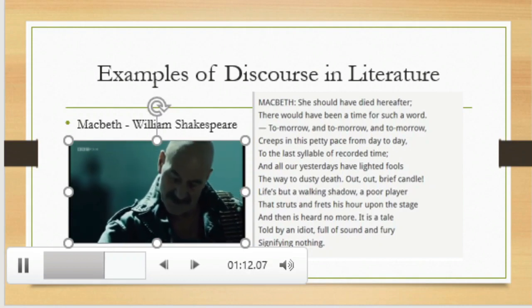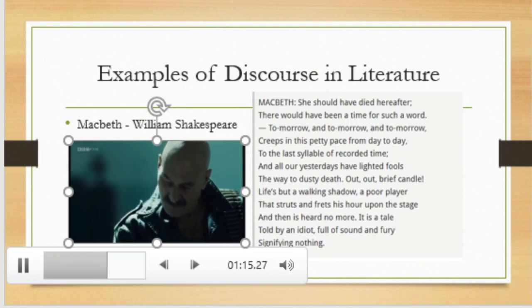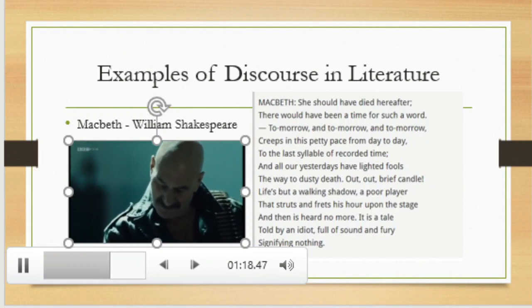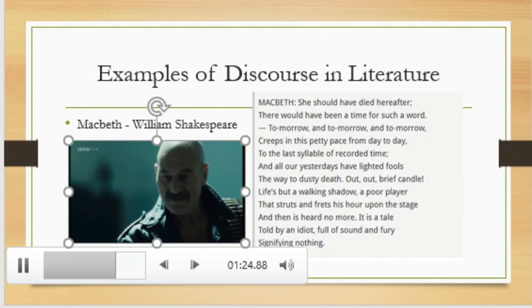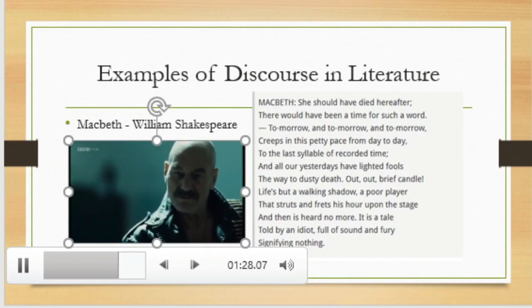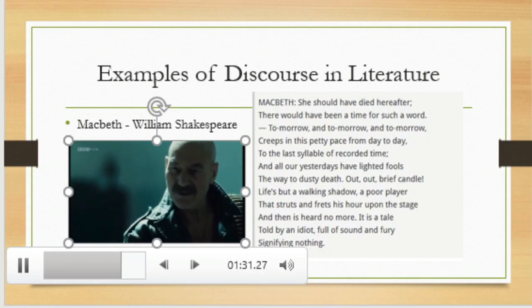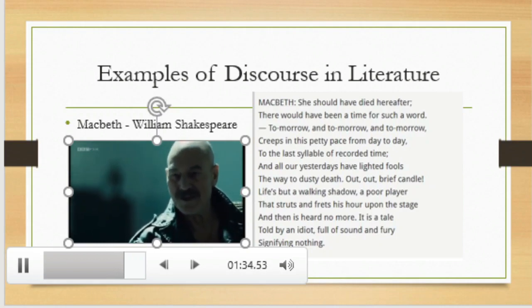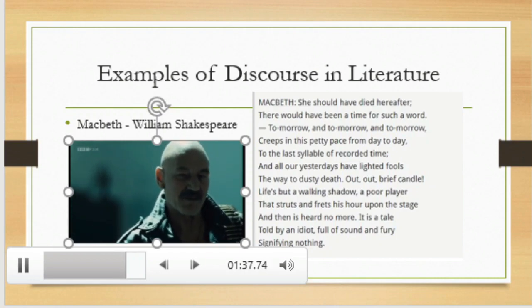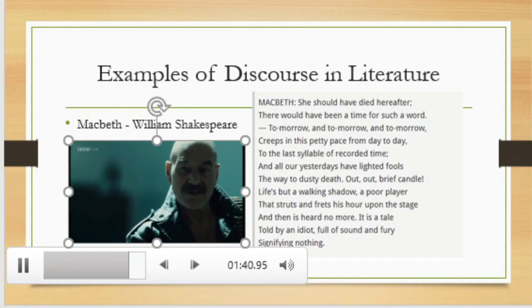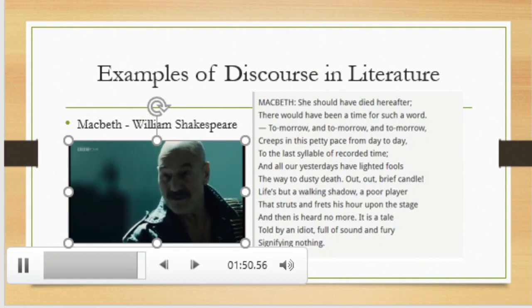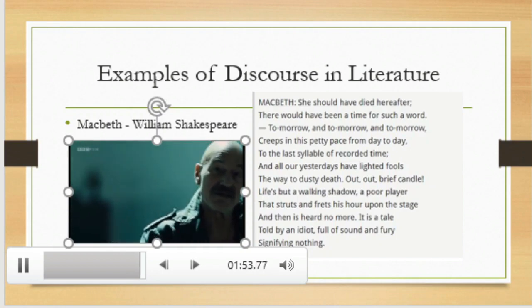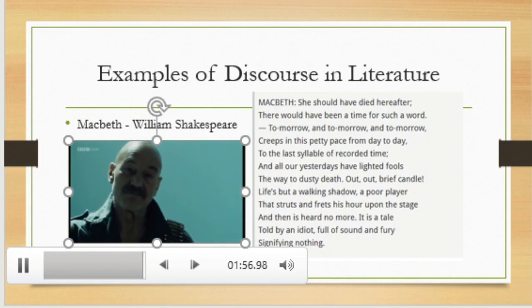And all our yesterdays have lighted fools the way to dusty death. Out, out, brief candle! Life's but a walking shadow, a poor player that struts and frets his hour upon the stage and then is heard no more. It is a tale told by an idiot, full of sound and fury, signifying nothing.